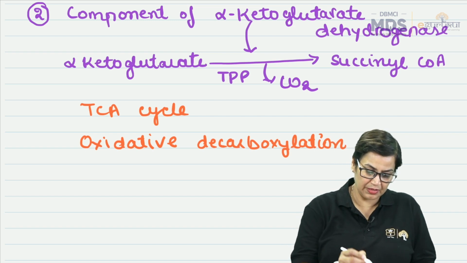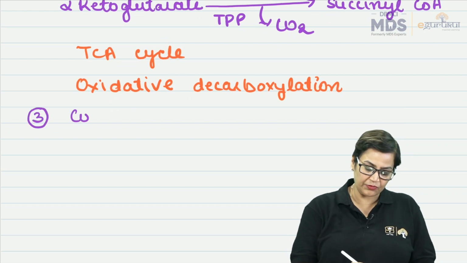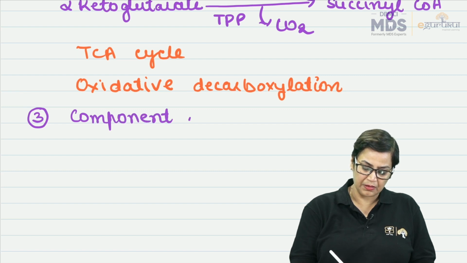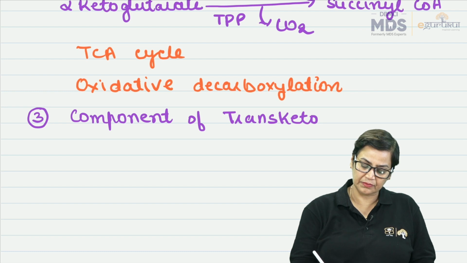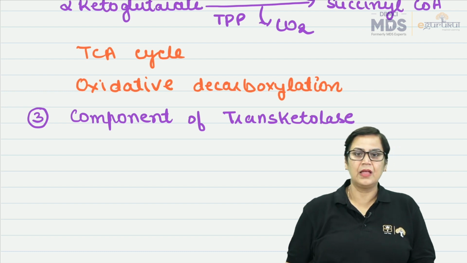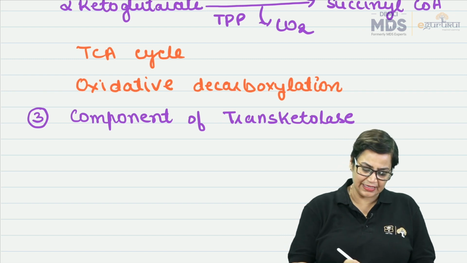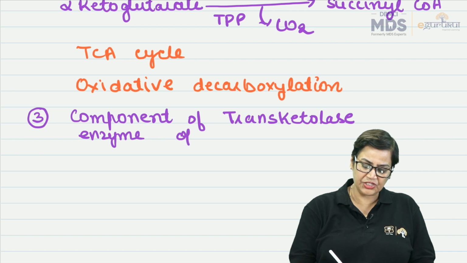Then moving on to the third reaction, it is a component of transketolase. Now, transketolase is a very, very important enzyme of the HMP shunt.